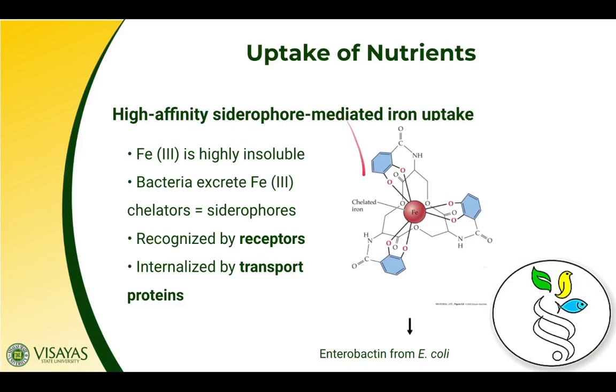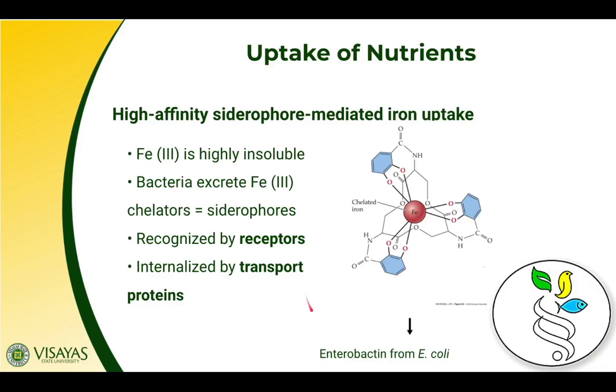These chelators are highly reactive compounds, so that they could take in these highly insoluble compounds from the environment. These iron chelators are called siderophores. These siderophores are recognized by receptors. The siderophore iron complex could be recognized by receptors and internalized by transport proteins.